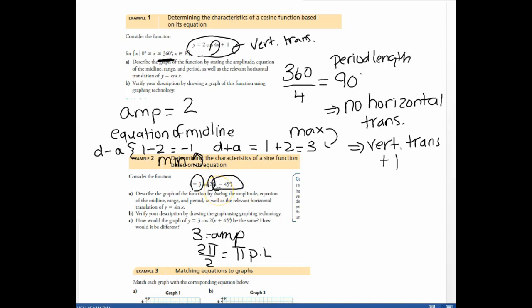It's like an x minus 45. So that means you're moving left or right. So if you go negative, you're moving to the right 45 degrees. And that's a horizontal translation. And since this is in degrees, we should probably do the period in degrees. So this would be 180. That's the same thing as pi.